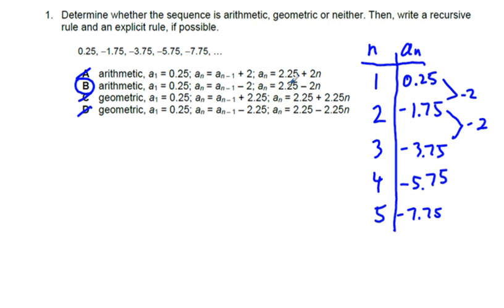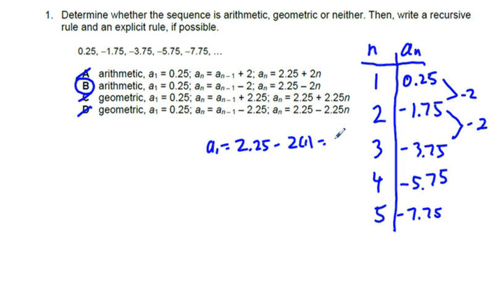A sub n equals 2.25, okay, the explicit one. The first one is recursive, the next one is explicit. So if we want, for this one, a sub 1 equals 2.25 minus 2 times 1.